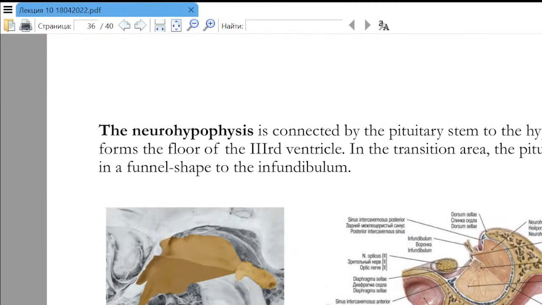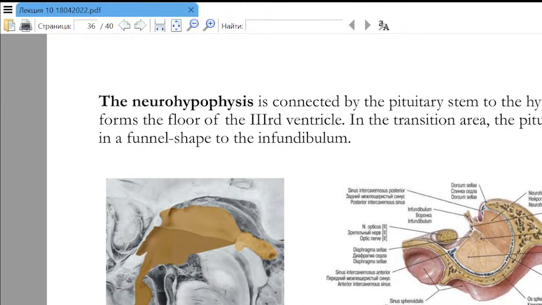The neurohypophysis is connected by the pituitary stem to the hypothalamus, which forms the floor of the third ventricle. In the transition area, the pituitary stem extends in a funnel shape, the infundibulum.